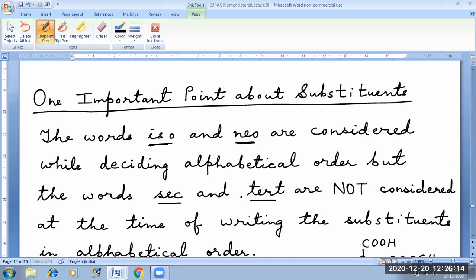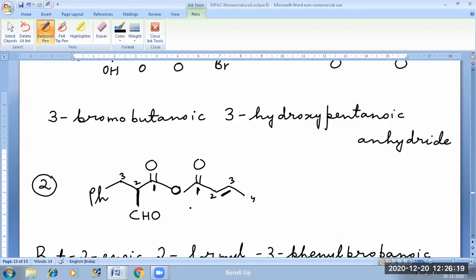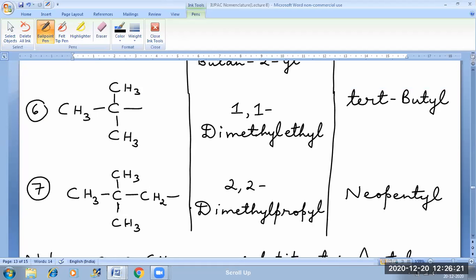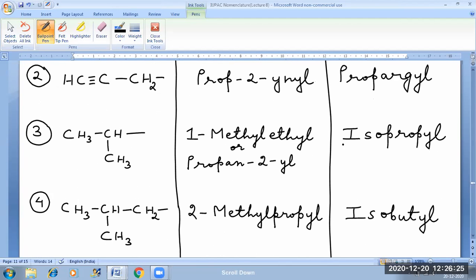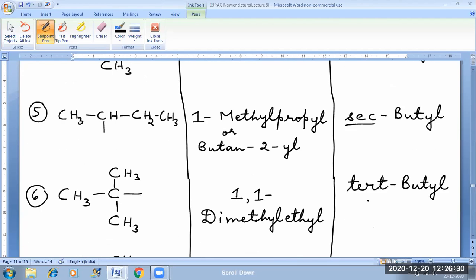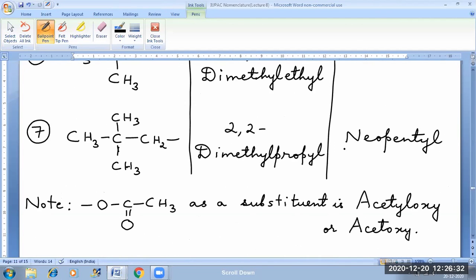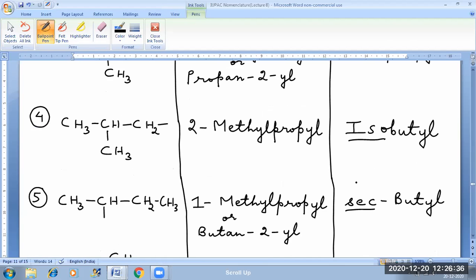What does that mean? That means when I'm writing the final name of a compound containing substituents, if you look at this table, you have iso, sec, tert, and neo. So iso and neo are considered in alphabetical order. The I of iso will be taken for alphabetical consideration. Similarly, the N of neo will also be taken into consideration.